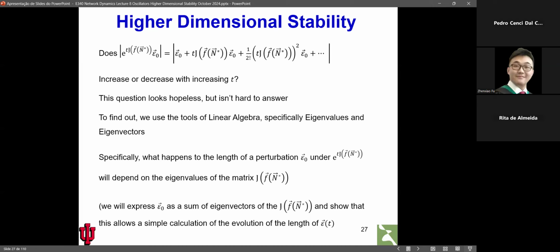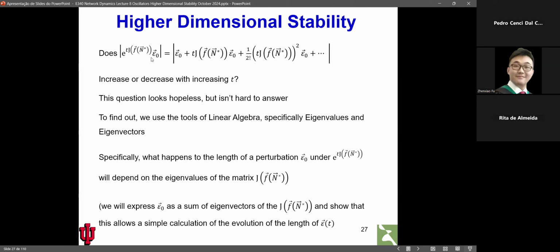Of course. Okay. So what we are going to do is just to take this matrix and find its eigenvalues and eigenvectors.